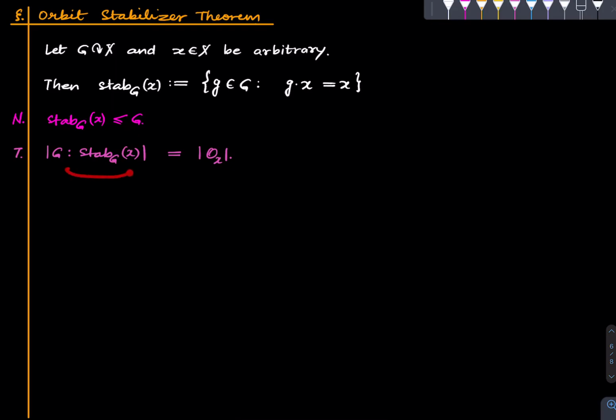This is just the index of the stabilizer, meaning the cardinality of the set of all the left cosets of the stabilizer subgroup, and this is just the cardinality of the orbit. If the group G or the set X were finite, then this is actually an equality about numbers, but as such, this is a set theoretic fact.